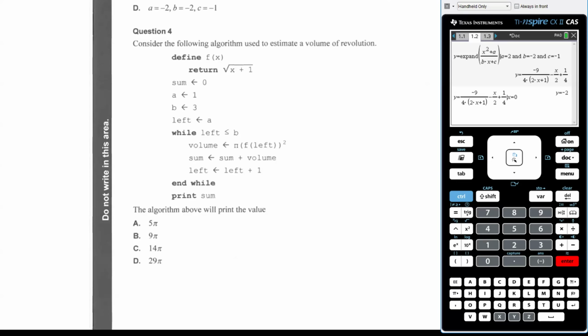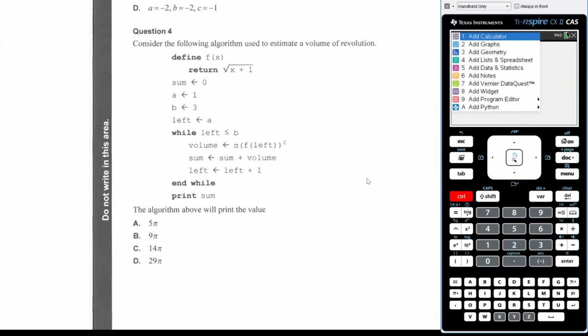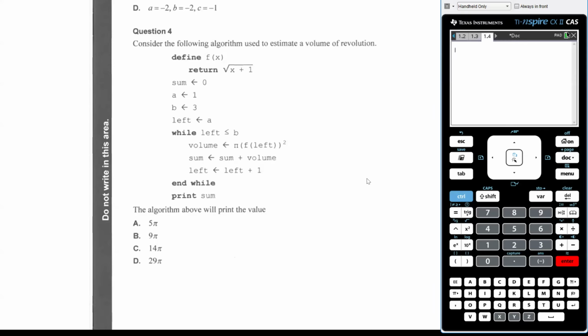It's interesting to see that for this year, they bring back a pseudocode question. Basically, the pseudocode defines a function, square root of x plus 1. Now, we'd like to check through each line of code and go through the while loop. Eventually, we want to print a sum. But notice for the CAS calculator, the word sum is a reserved command.